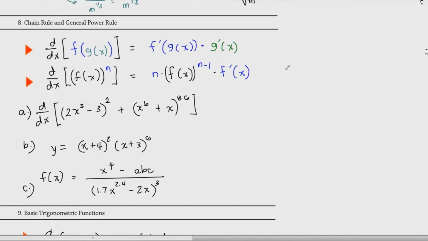Now let's proceed with, I think, the most important of all the rules. Well, of course everything is important, but this chain rule and general power rule is like the bread and butter of your differentiation. When you understand the chain rule enough, you're able to differentiate almost anything.